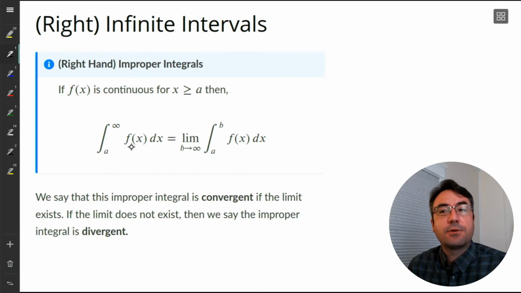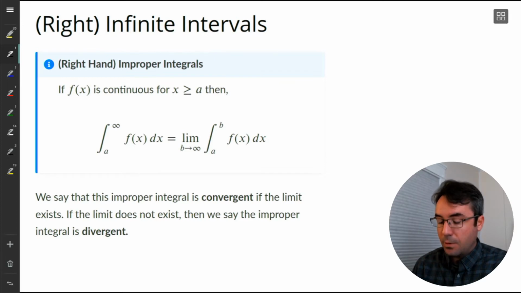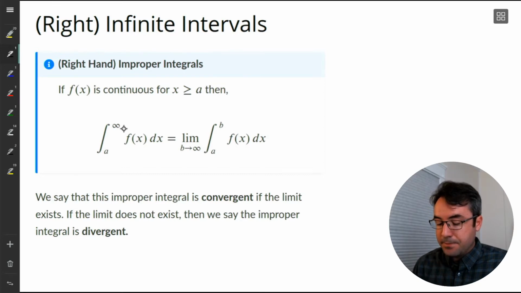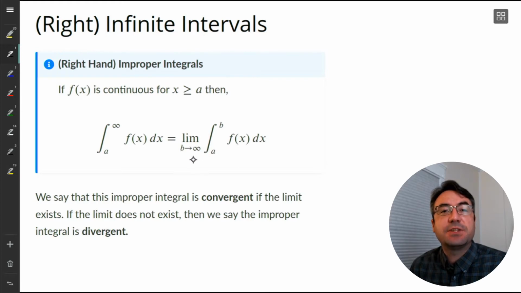It's the improper integral of f of x over the interval from a to infinity. And how do we actually define this? Well, infinity is not a number that we can just plug in. And so the only way we can deal with this is we have to sneak up on it. We have to approach it. So we're going to write this as the limit as b goes to infinity of the integral from a to b of f of x dx.